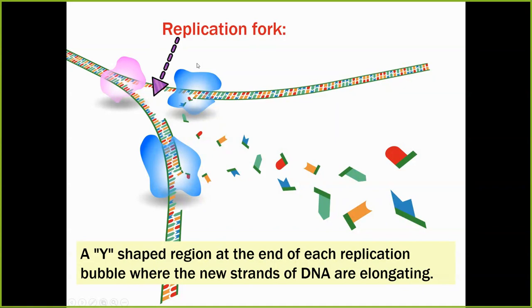And these blobs that you're seeing, the blue and the pink, those are different enzymes, which we'll get into in a moment. But for right now, we are going to pause and have a worksheet on this, and we are going to do the remaining notes tomorrow.